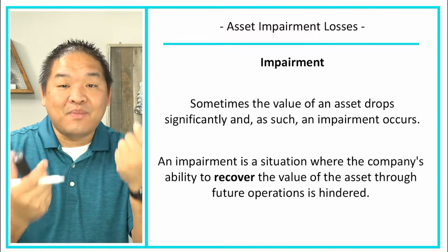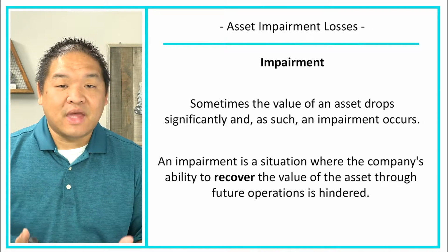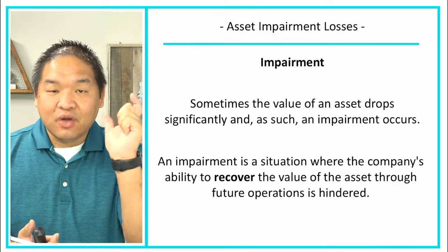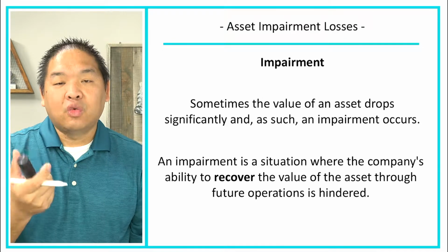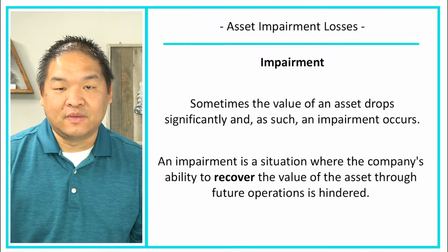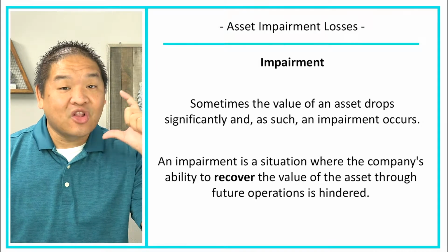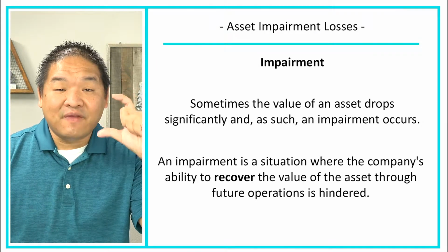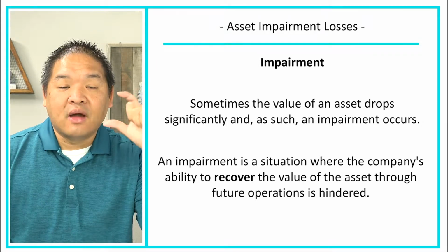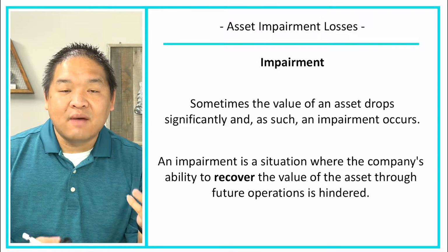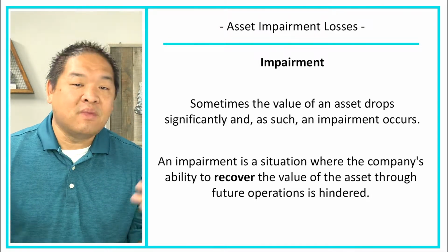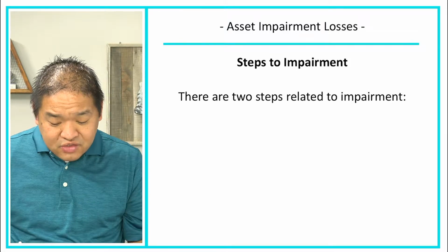So that is an impairment, and we're going to have to deal with that by writing that asset's book value down to what we're actually going to recover. Okay, so what are we going to recover at the end of the day? $250,000. So we're going to have to take a loss of $750,000 on that equipment because it just can't get us $1 million of equipment value. Okay, so that's what we're going to do.